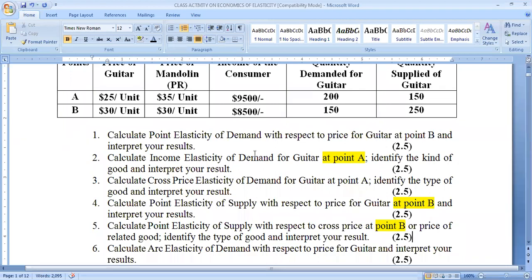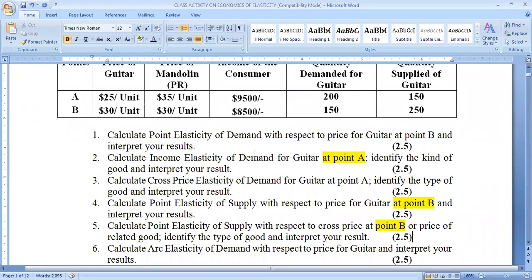But when we are given more than 1 point, say 2 points, like we are given A and B in this table, or maybe 3 or 4 or 5 points, and we are interested to find out the combined elasticity at 2 or 3 or 4 points, there we always use the concept of arc elasticity.